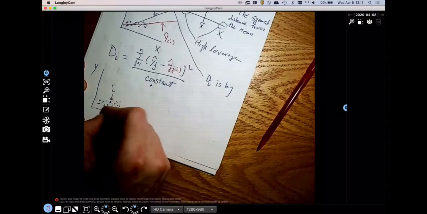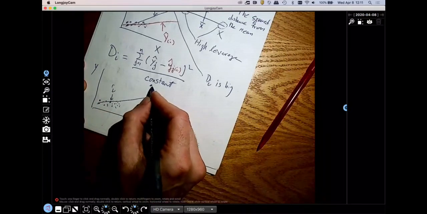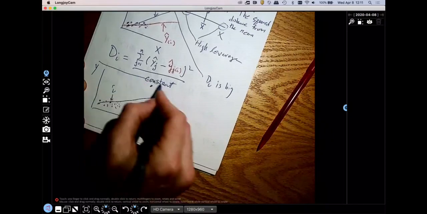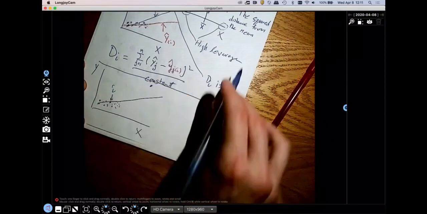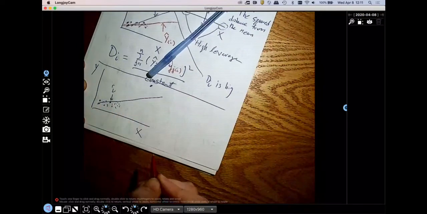The answer is it would look something like this. Again, that value up here is going to yank the line up. But if I were to delete this case, what would happen to my regression line? The answer is not much.